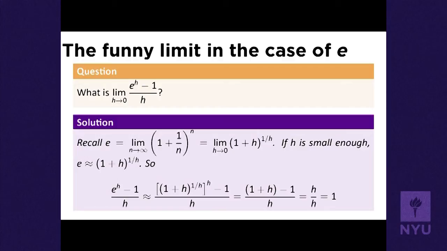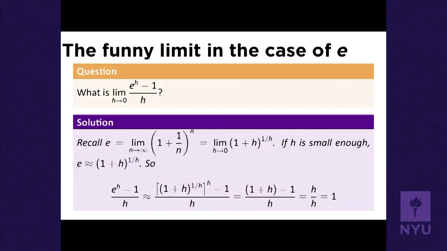And the reason is basically from the definition of e. If we write it instead of this way as this way, the limit as h goes to 0, 1 plus h to the 1 over h, then for some small number h, we can approximate e by 1 plus h to the 1 over h. And then if I take that 1 plus h to the 1 over h to the h minus 1 divided by h, then it basically unravels everything we did to 1 to start with. Take it to the h, that cancels the 1 over h exponent.